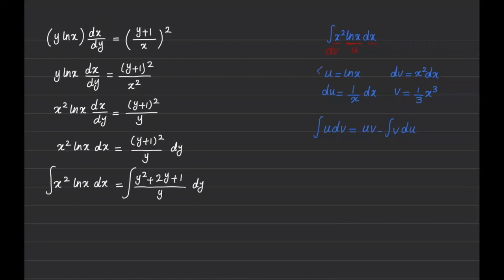Now if we plug these into this integral, we have u dv is equal to uv minus the integral of v du.